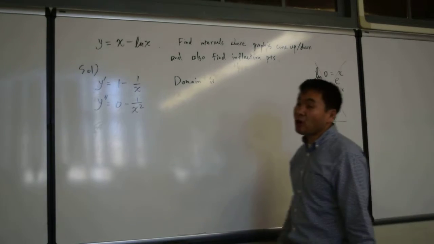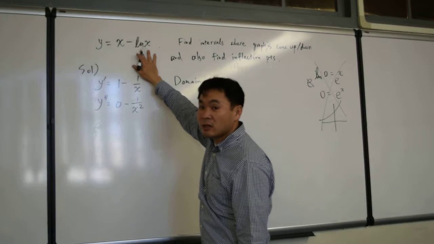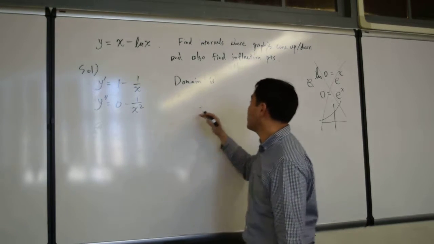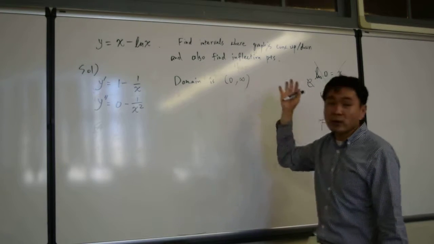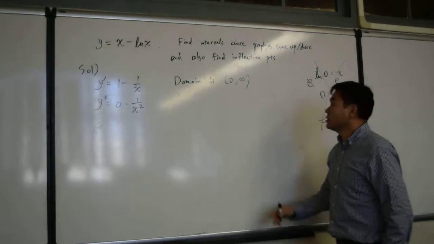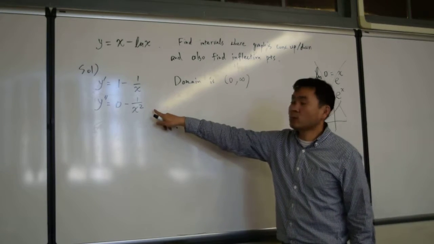So whenever you're talking about logarithmic functions, your x cannot be negative and it cannot be 0. The domain is 0 to infinity. As long as you're plugging in positive values into log, that's okay. Alright, so if the domain is 0 to infinity, what do you see here?